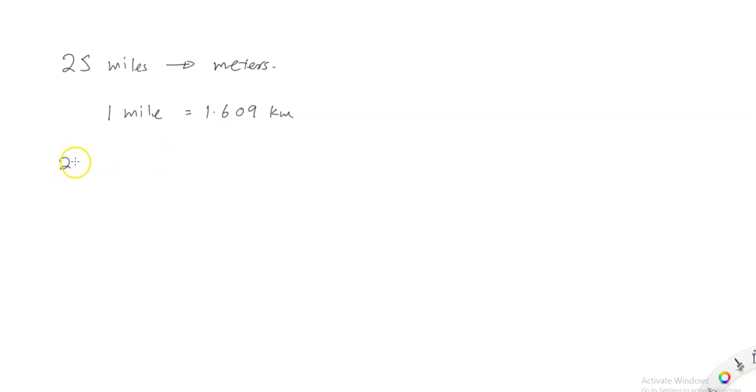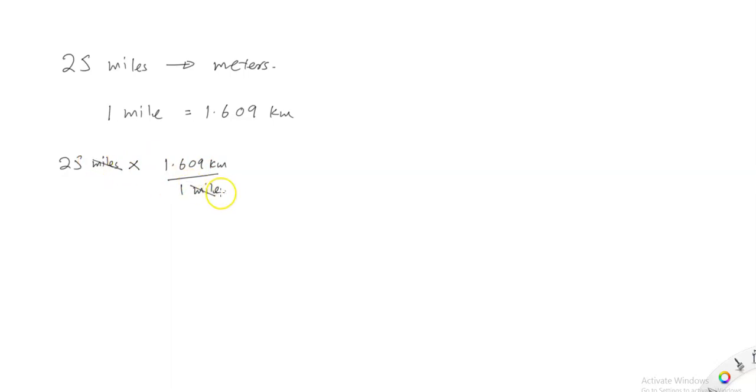So we have 25 miles. I'm going to multiply this by 1, but I want the answer in kilometers. So 1.609 kilometers divided by 1 mile. 1 mile is 1.609 kilometers, so this is essentially multiplying by 1, right? But see the units cancel out.